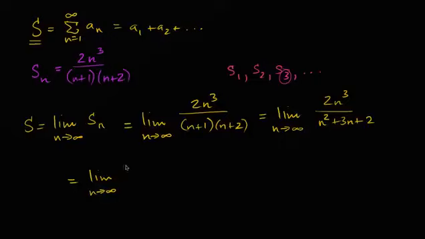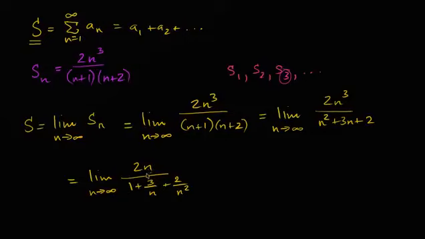So if we divide the numerator by n squared, we're going to have 2n. And then the denominator divided by n squared, you're going to have 1 plus 3 over n plus 2 over n squared.